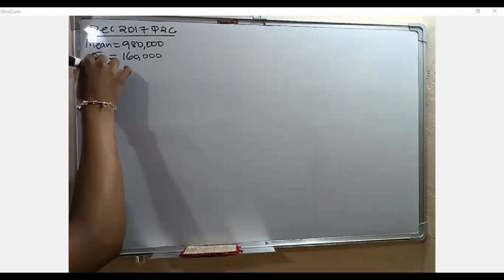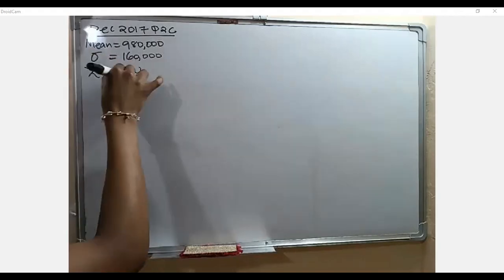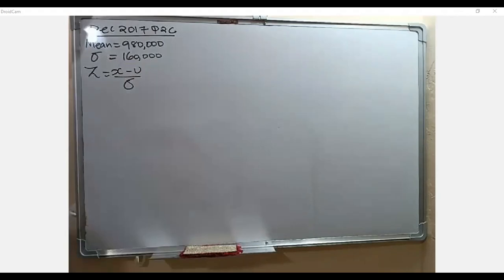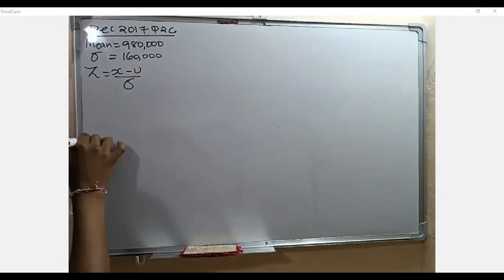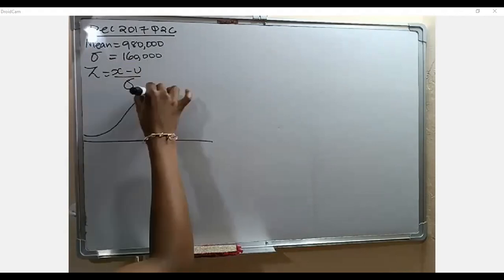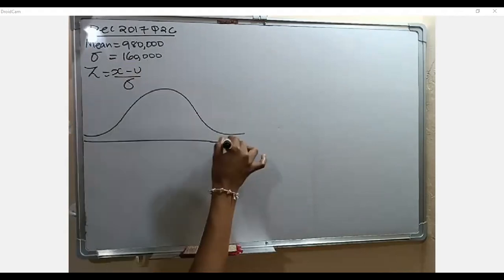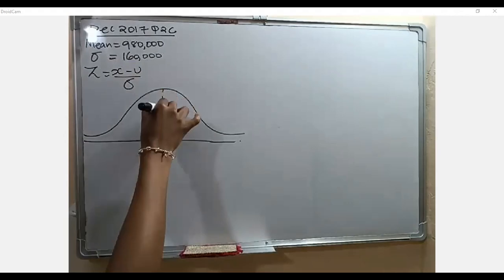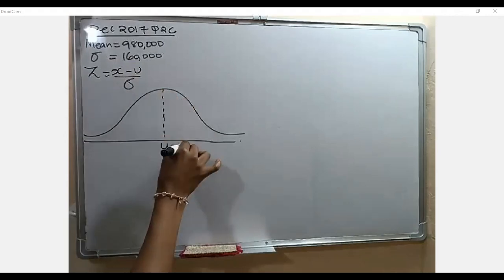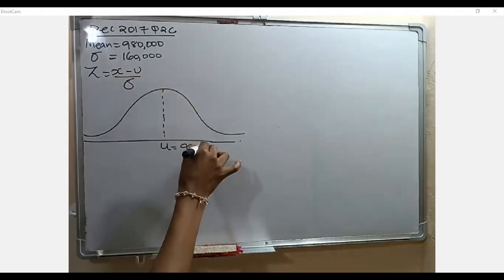Now, in this case, you just take the examiner's question. This is the formula which I normally use. I cannot solve any question of the normal distribution without the use of the normal curve. So you just use your normal curve there. You know very well your mean is equal to 980,000.